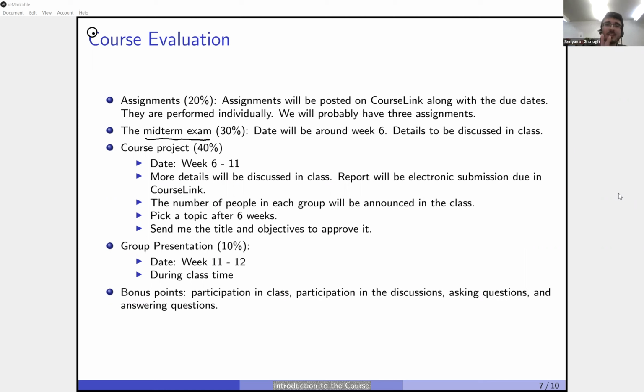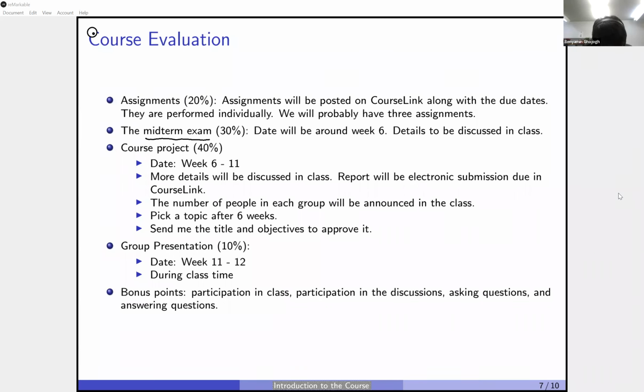As I said, the main focus of this course is for you to understand optimization. We don't want to suffer. We want to learn and have fun together. For the course project, you will make groups based on the number of people. I think we can have groups of 3, but let's wait until the class is stabilized, and then we can decide on the number of people per group.